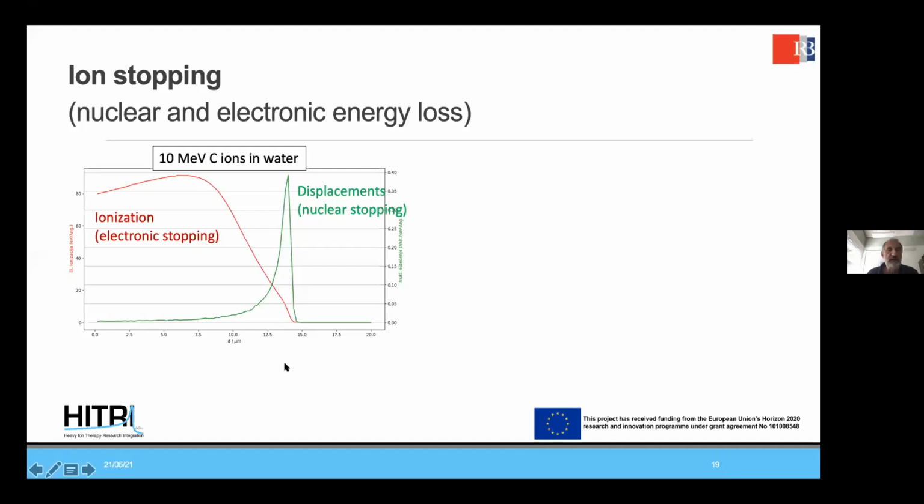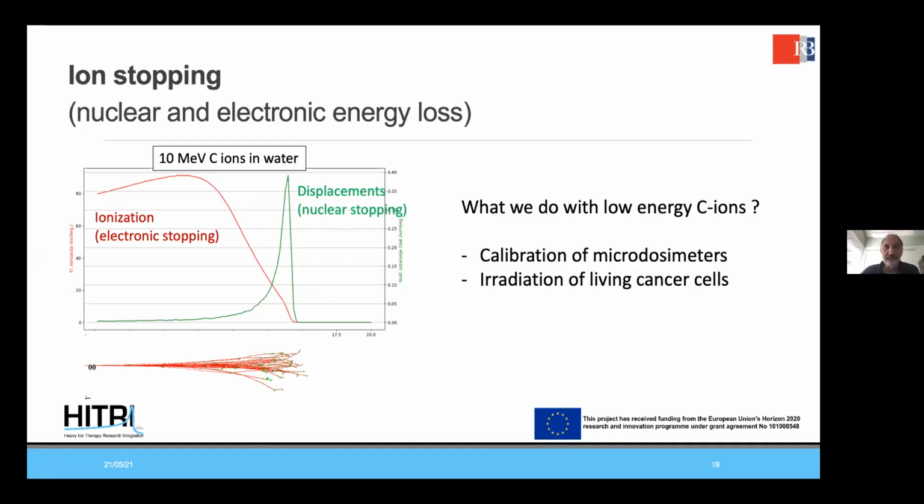Very interesting for some of the applications. So we'll have at the end of the range an increased number of vacancies in the crystal lattice, for instance. And then you have the peak from the ionization. This is the Bragg peak, which is kind of distributed over the whole range. So this is a very interesting feature. And this is, you remember from the beginning, the distribution of these red and green events, let's say, of how the ions are going through the material.